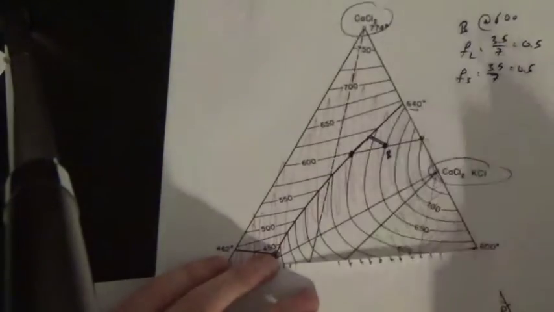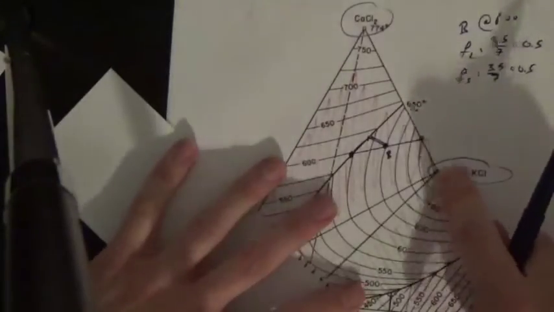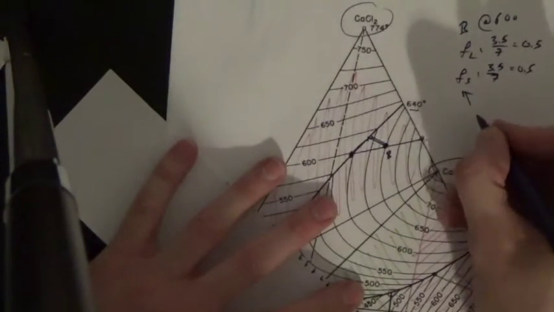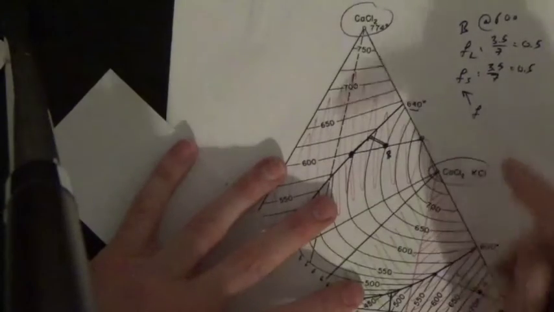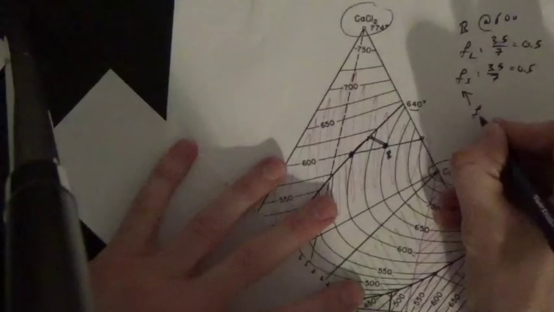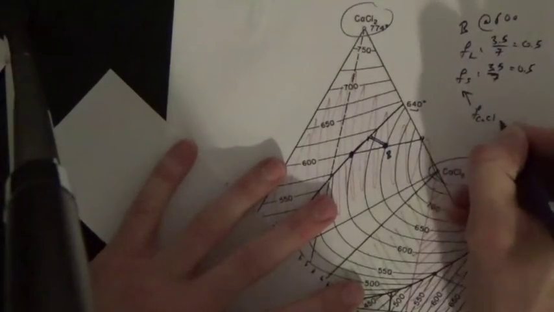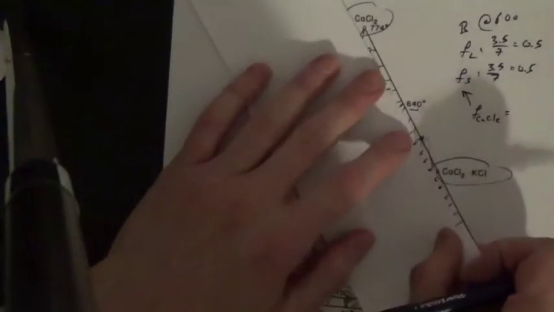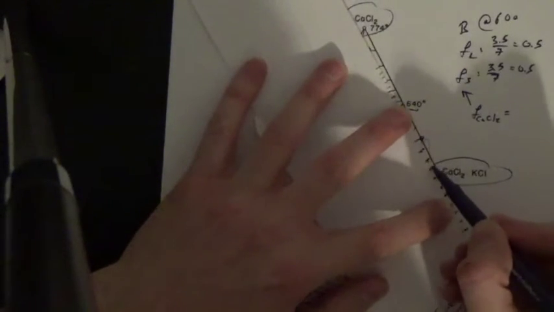Okay, the solid now though is composed of these two. And we know that total length is 16. So the solid is going to be fraction CaCl2, and that's going to be 1, 2, 3, 3.5 divided by 16, right?